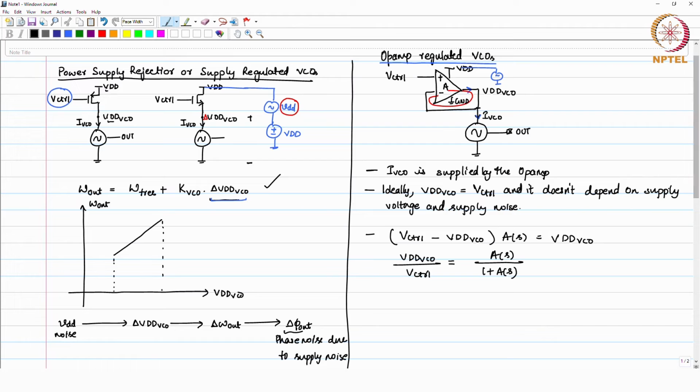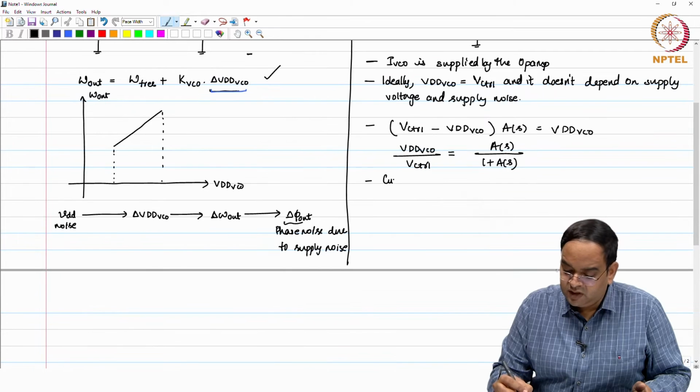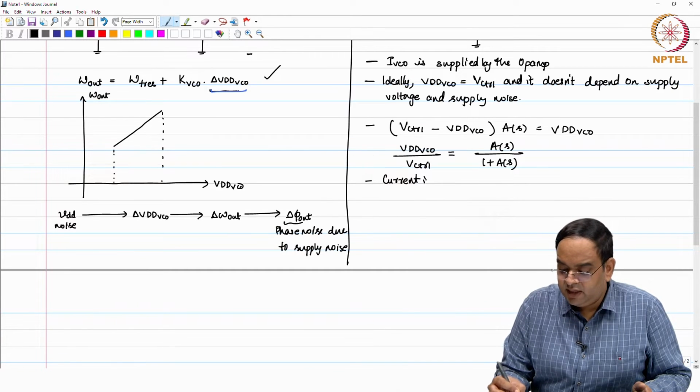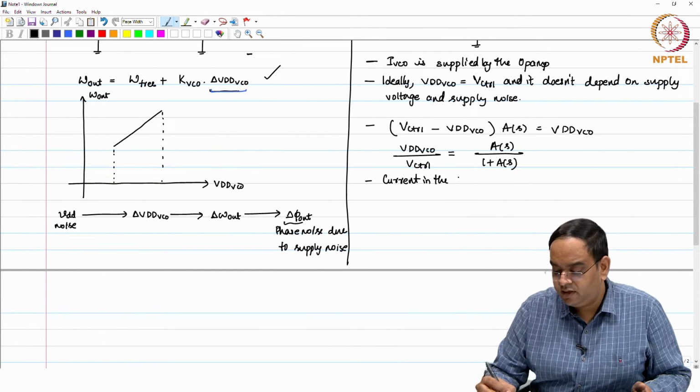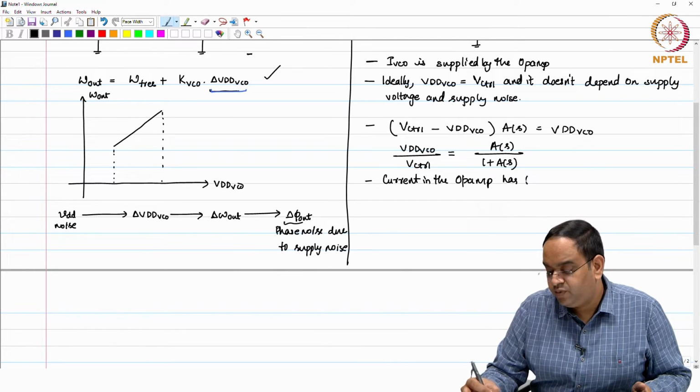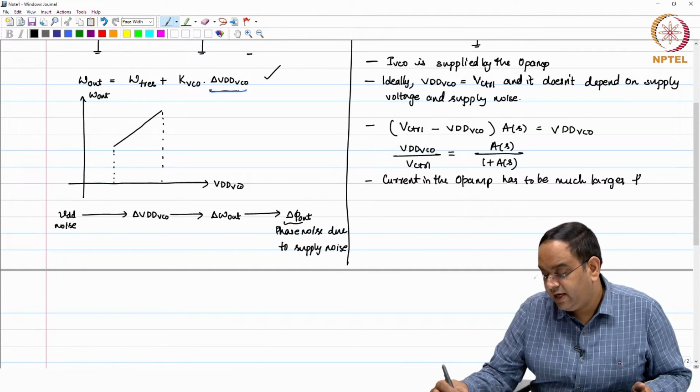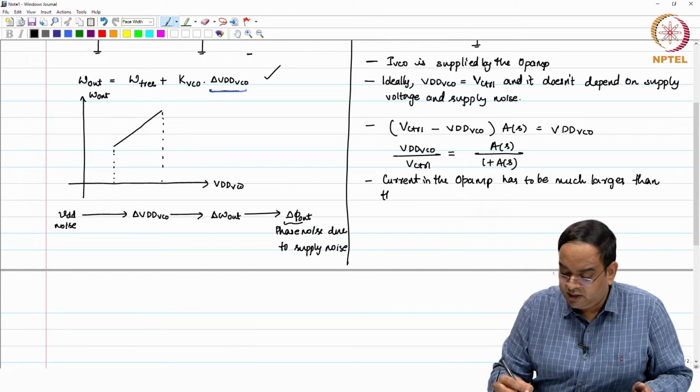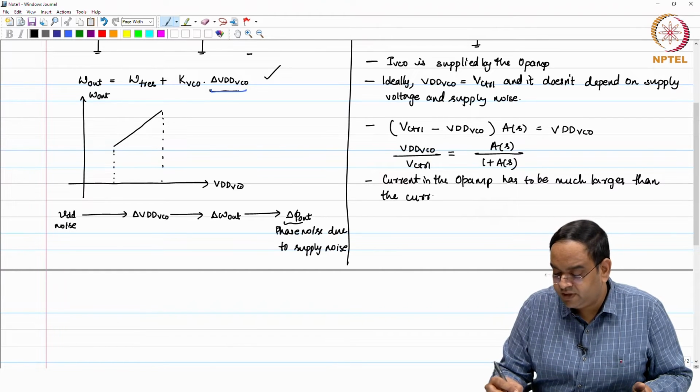Now, if you are supplying a lot of current to the oscillator, then the current in the Opamp has to be much larger than the current supplied to the oscillator.